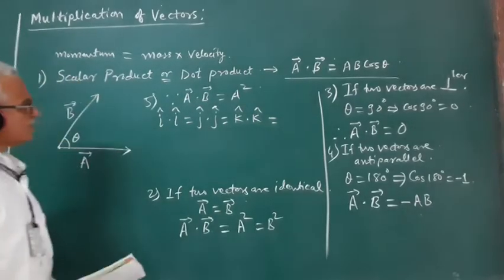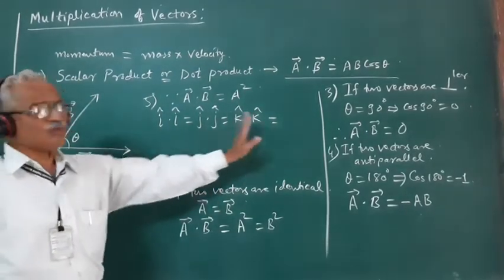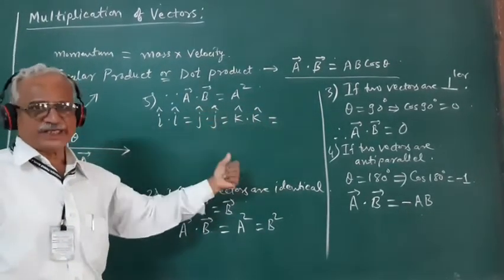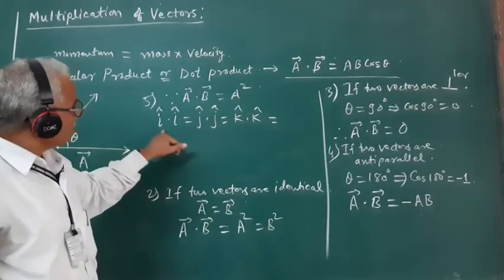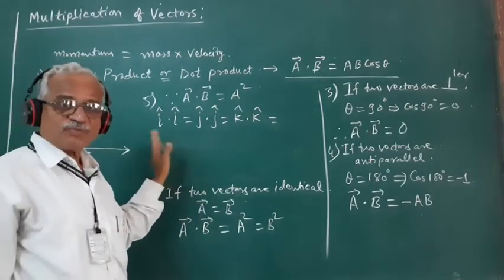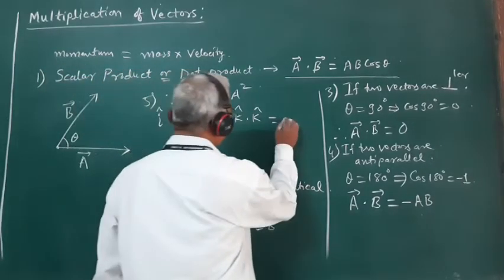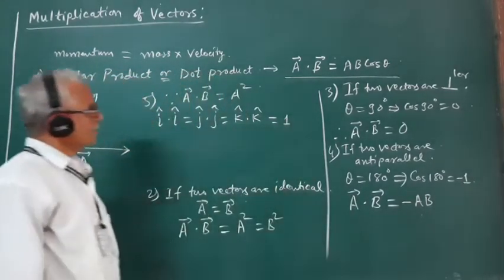As we know that the magnitudes of the unit vectors is unity, the self dot product of the unit vectors will be equal to 1.